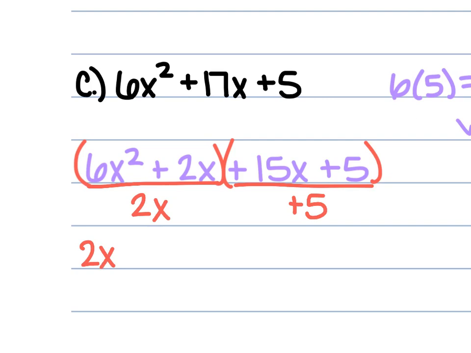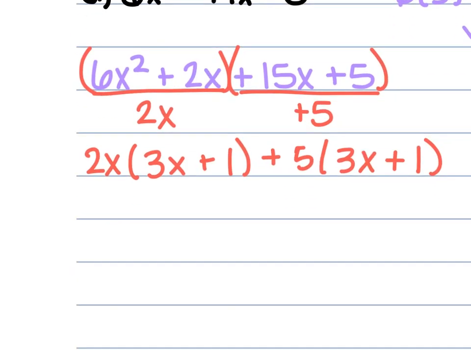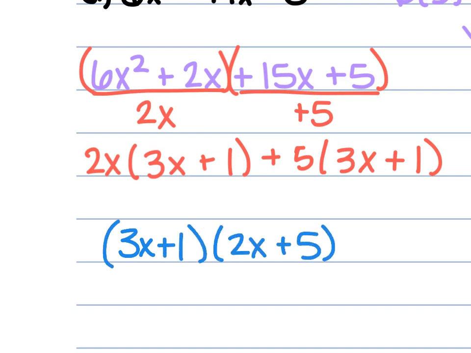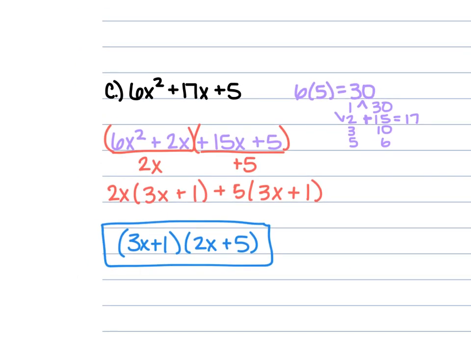So 2x times the 3x plus 1, and then the positive 5 times 3x plus 1. We're going to have the same set of parentheses here, so this 3x plus 1 is going to be 1, and then the 2x plus 5 makes itself a parenthesis. So 3x plus 1 times 2x plus 5 is our solution for this one.